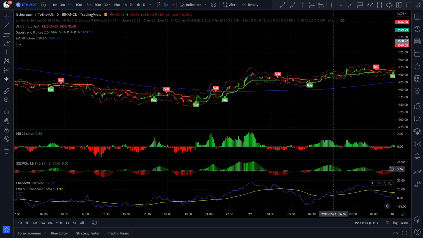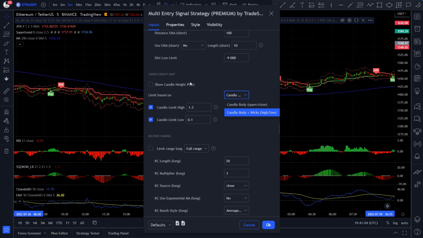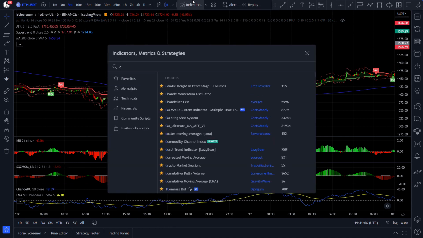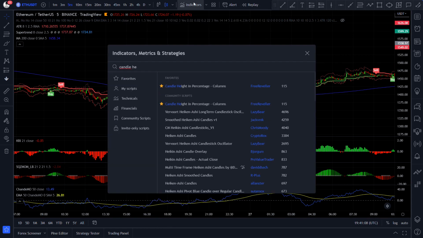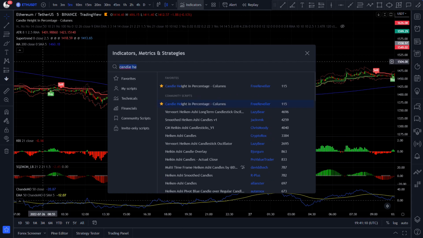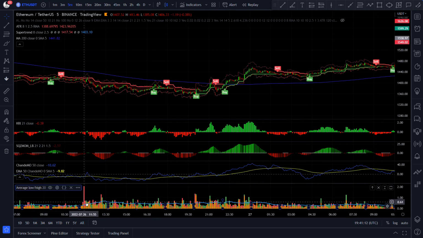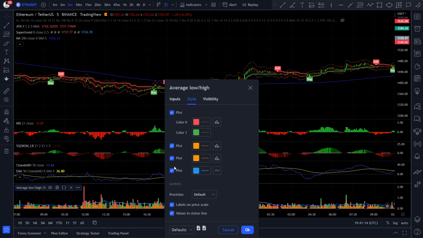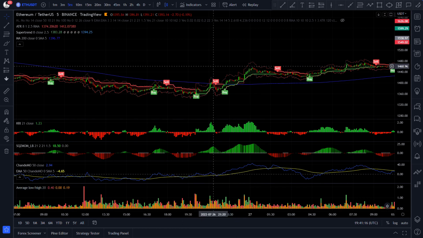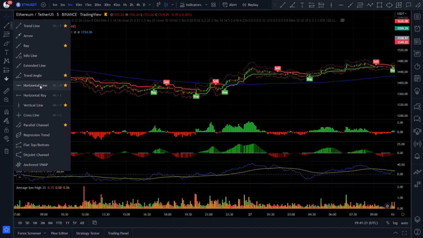The third filter is the candle height in percentage limiter. So type into the indicators tab candle height and click on this one. Now let's modify its settings. First go into the style settings and get rid of the blue line. Then we are going to put 2 horizontal lines on the indicator. These lines will give us our high and low limits.